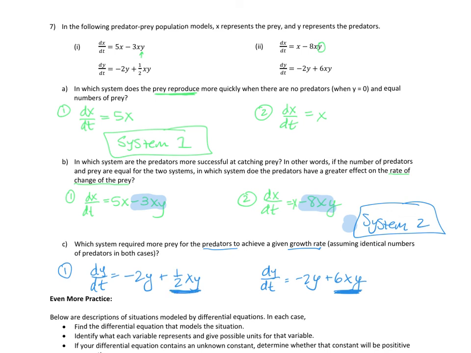Interaction benefits system 2 predators more, which means that system 1 requires more interaction to achieve a given growth rate. Its coefficient is only 1/2, so it needs xy itself to be bigger to create a bigger change on dy/dt. So system 1 requires more prey, that is more interactions between predator and prey, to create a given growth rate.